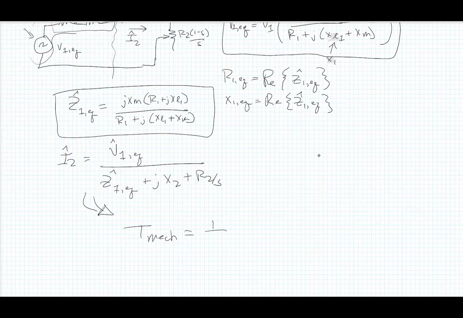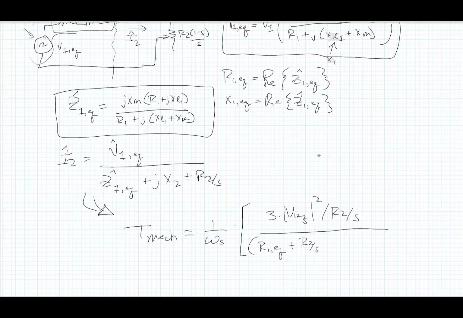And that torque expression ends up being 1 over the synchronous speed times 3 times the magnitude of V1 equivalent squared, times R2 over S, divided by the quantity R1 equivalent plus R2 over S, squared, plus X1 equivalent plus X2 squared.